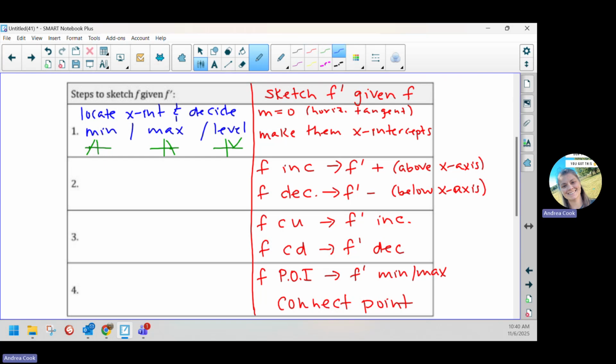The next thing is, you remember f prime being positive, which is above the x-axis, means that f is increasing. F prime being negative, which is below the x-axis, tells us that f is decreasing.